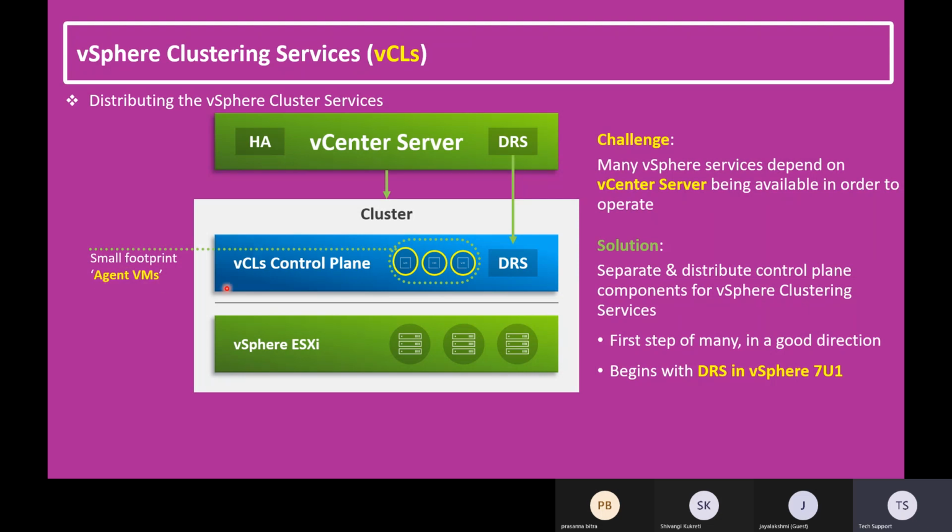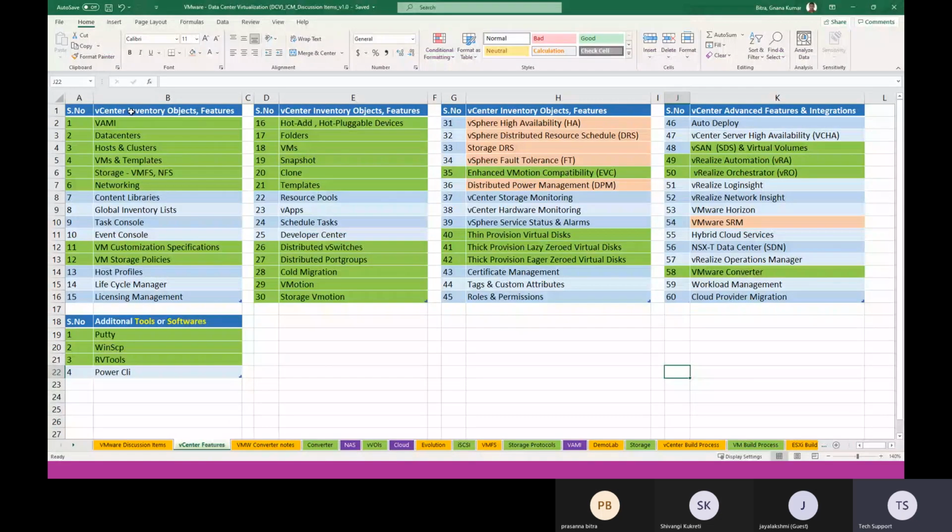These are the vCLS agent VMs, and VMware recently introduced this feature. These vCLS VMs are supported only for DRS at present. Maybe in future, vCLS may also provide support for other vCenter features. Even if you see in our master spreadsheet, within vCenter we have plenty of features. All the features work effectively using vCenter services only.